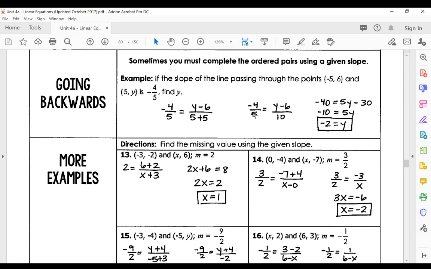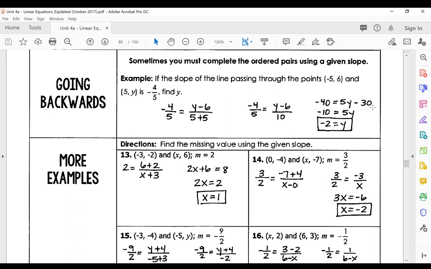You just need to be careful that the 5 gets multiplied by the y minus 6 in total. So 5 times y and 5 times minus 6, which gives us 5y minus 30. So now we have this equation to solve: -40 equals 5y minus 30.